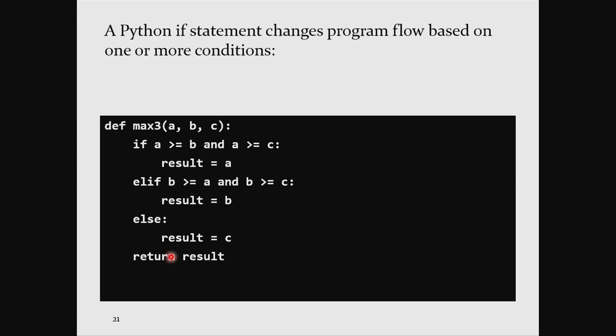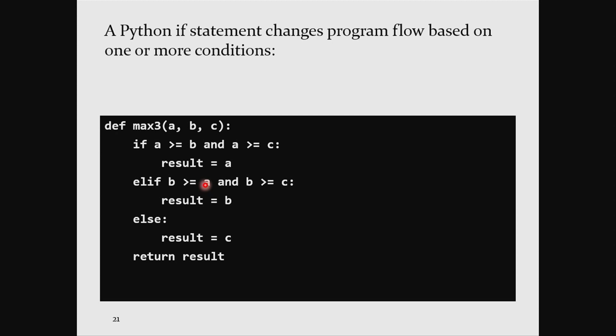In Python, an if statement lets you change the program flow based on one or more conditions. If that condition is true, you do that statement, and then you skip to the end of the if statement. If that condition is not true, you go to the next else if clause and check that condition.